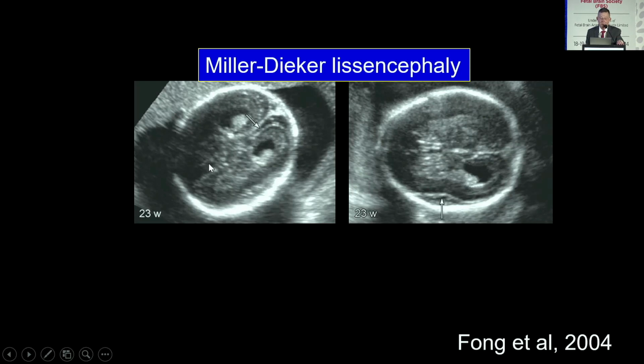Most of the patients were referred because of mild ventriculomegaly, and after the children were born and the diagnosis of Miller-Dieker was made, most of them were Miller-Dieker. They went back to the images and they realized that at 23 weeks there was no parieto-occipital fissure, and the Sylvian fissure was very, very shallow.